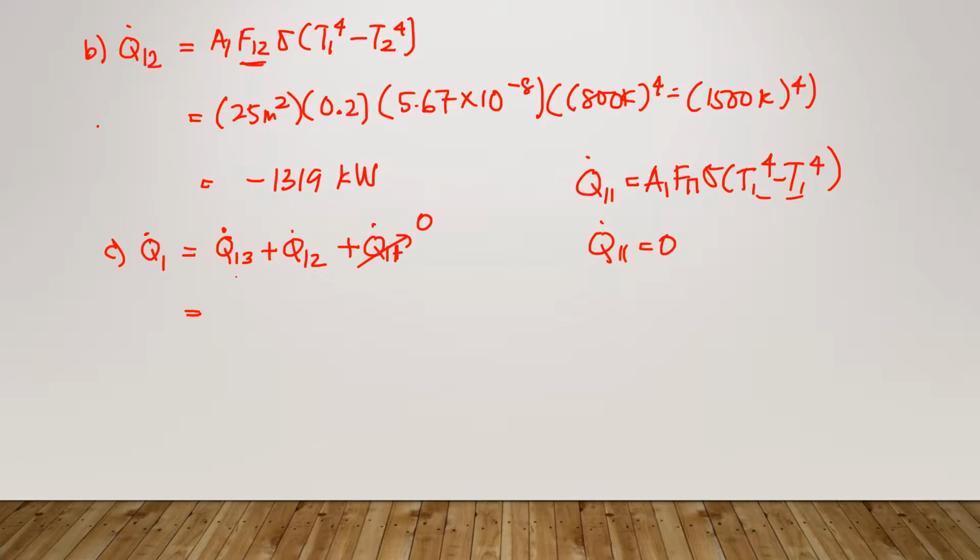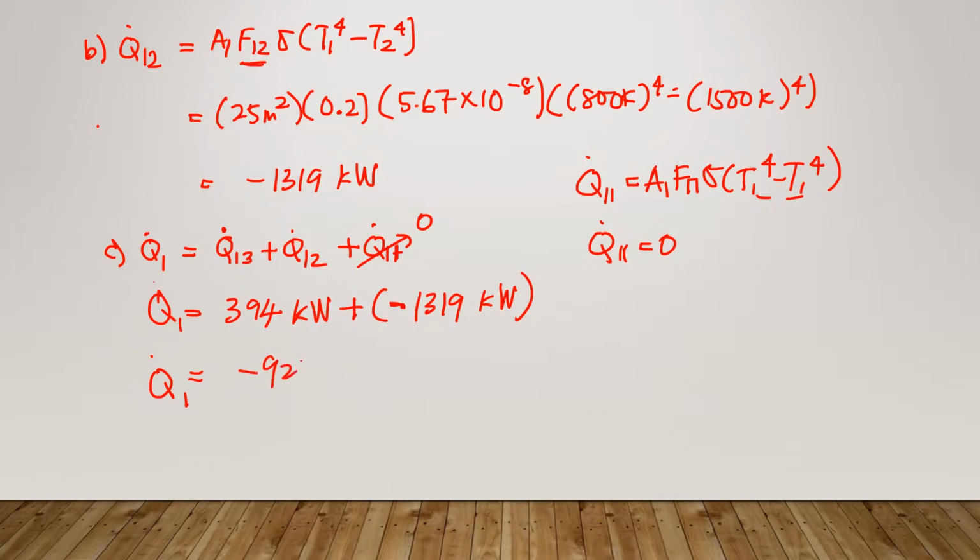So Q13 is about 394 kilowatt. You have to add the minus, so please bring that minus with you in order to get Q dot 1: negative 1319 kilowatt. So your Q dot 1 is equivalent to negative 925 kilowatt.